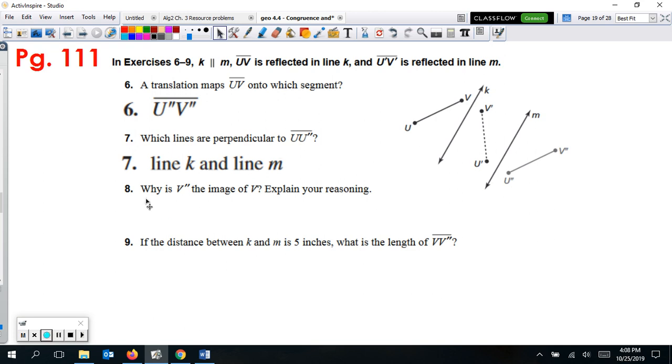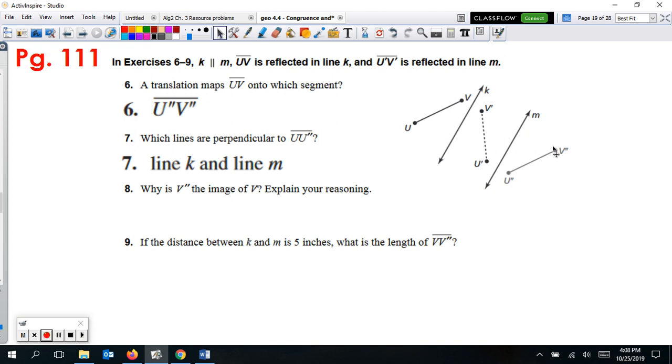And then, why is V double prime the image of V? So why is V double prime over here the image of V? Well, because remember, this would be the image of our V prime with this reflection, or this would be the image of V from a reflection as well. But this can be the image of the original V with a translation.